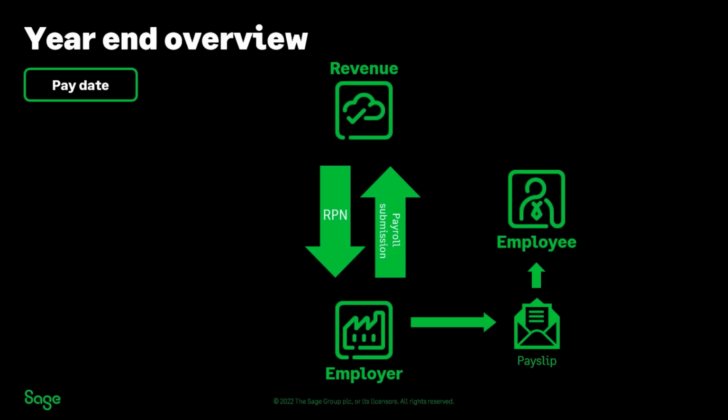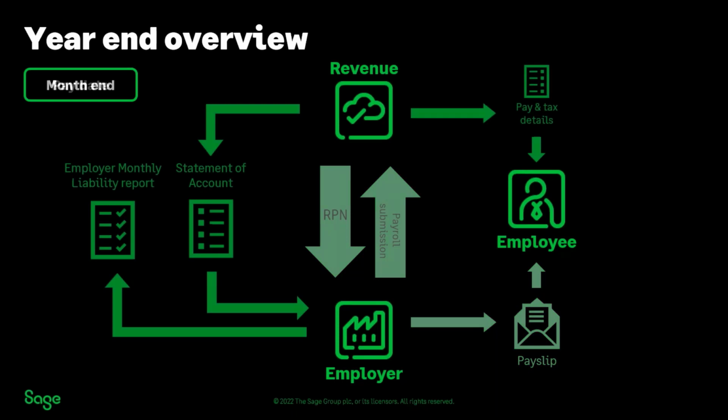Now, in the past, the year-end process used to deal with a lot of reconciliation, but that is also now a task that could be completed throughout the tax year. So when it gets to the end of each month, revenue will generate a statement of account based on all of the submissions that you've sent in the previous month. And that becomes available to you via the ROS portal from the 5th day of the following month.